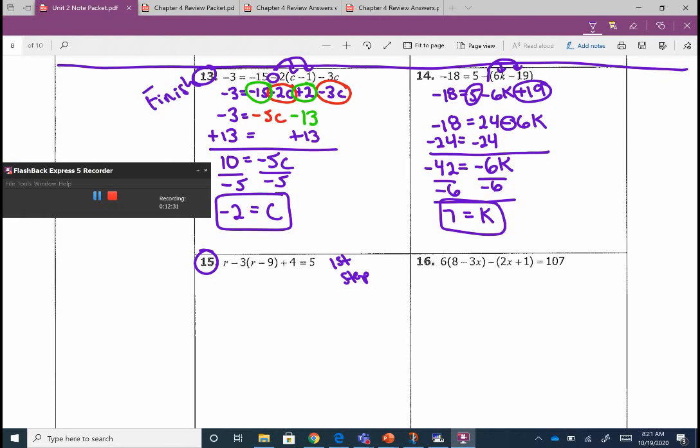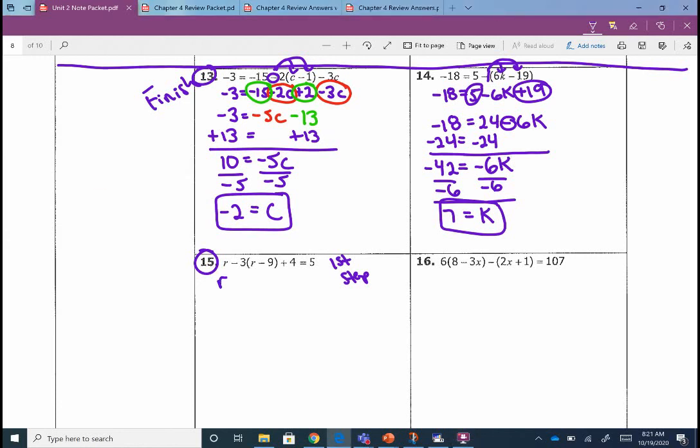What number am I distributing, though? Is that a positive 3 or negative 3? What kind of 3 am I distributing? Negative 3. So the R is going to stay put. That first R just kind of stays there. Then I distribute a negative 3. So we should have a minus 3R.